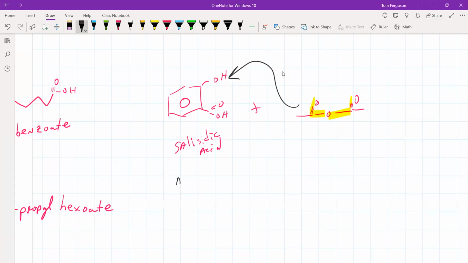So salicylic acid is both an alcohol plus an acid.